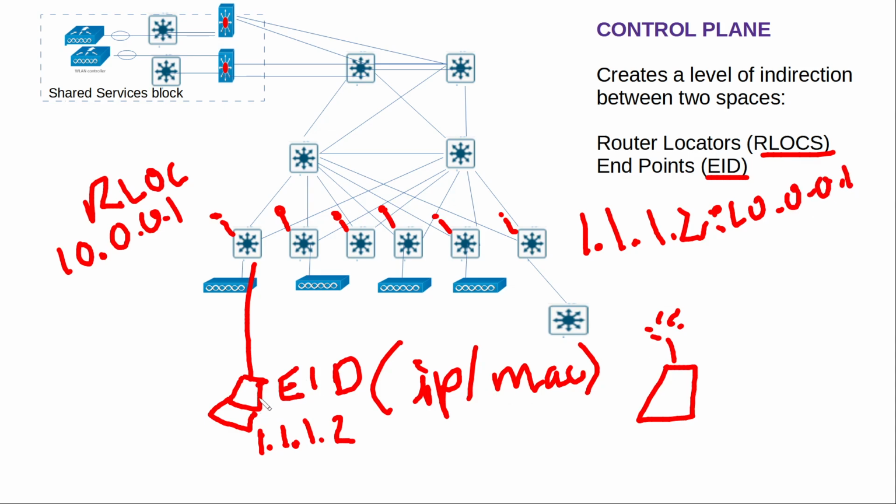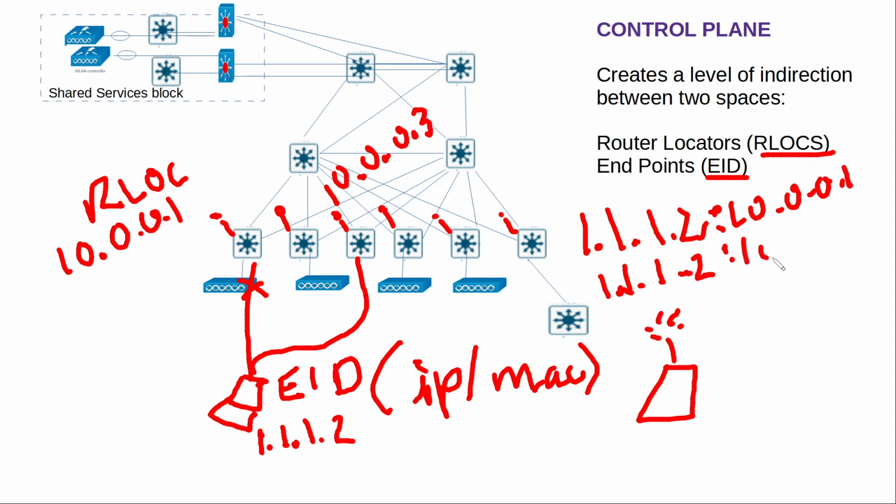And if this device for some reason stopped being connected here and I connected this device to this other network device that had the loopback 10.0.0.3, then I will have to update my mapping. So IP address 1.1.1.2 will be mapped now to the RLOC 10.0.0.3. So this mapping is dynamic and will follow how the end device is getting connected to different network devices within my fabric.